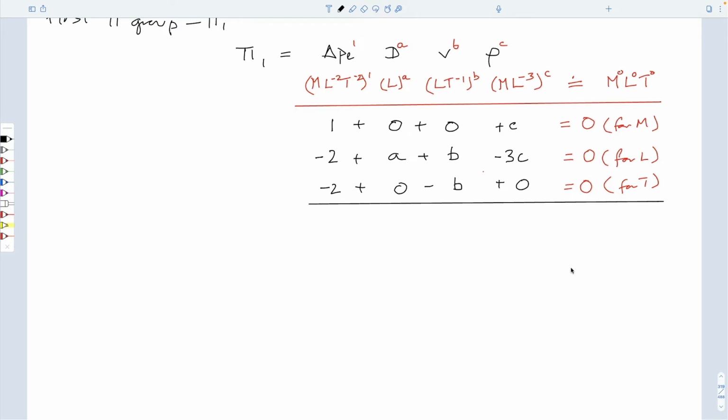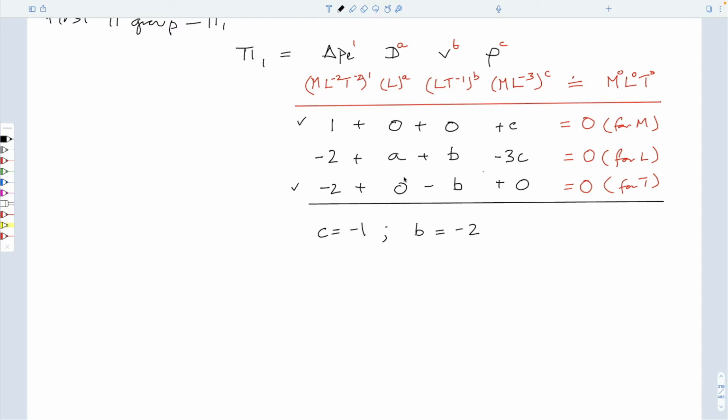And so we're going to solve them. We're going to solve them because C is equal to minus 1, from the first one. We can also solve that B is equal to minus 2. The first one comes from this one, the second one comes from this one.